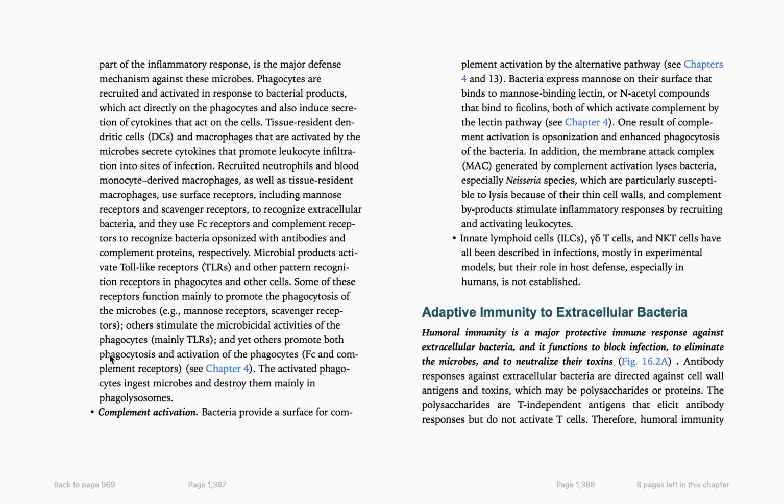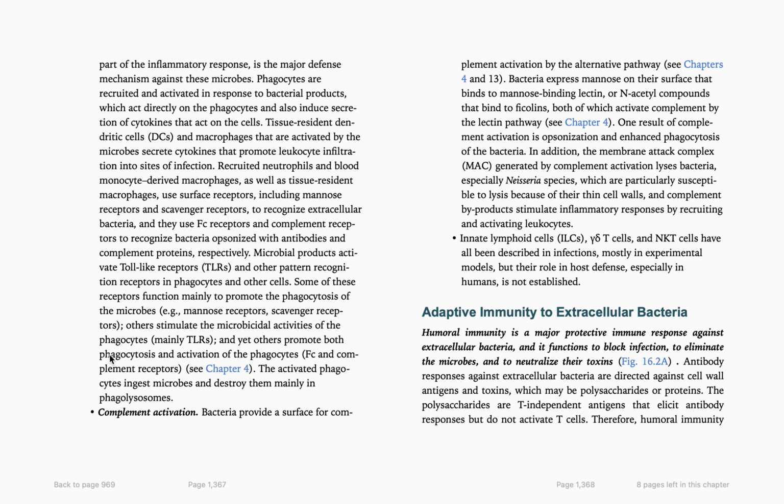Phagocytes are recruited and activated in response to bacterial products, which act directly on phagocytes and also influence secretion of cytokines that act on the cells. Tissue-resident dendritic cells and macrophages that are activated by microbes secrete cytokines that promote leukocyte infiltration into the site of infection.